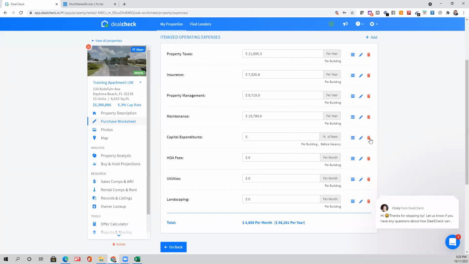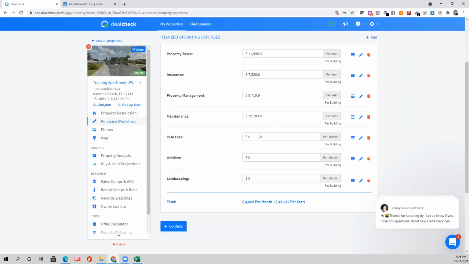Capital expenditures, he didn't have any CapEx. Capital expenditures are more like one-time expenses. A CapEx could be painting the building. Apartments usually do that once every 5 years. Sometimes that's part of HOAs. You'll hear paving. We do that when we take over a property. That's a one-time every 10 years or however many, so CapEx, think of that. That's not a recurring monthly expense. He didn't have any of those.